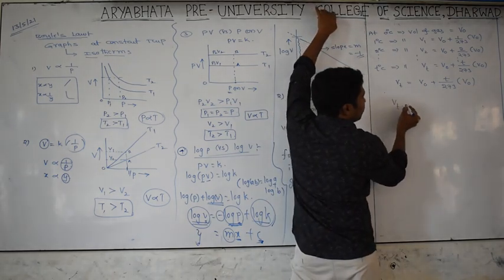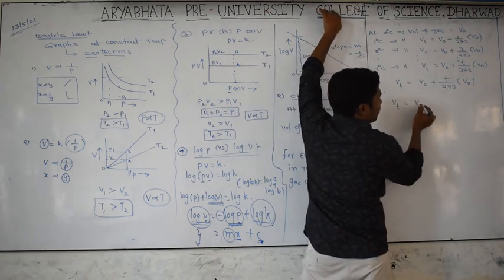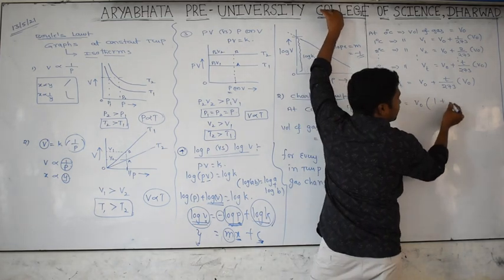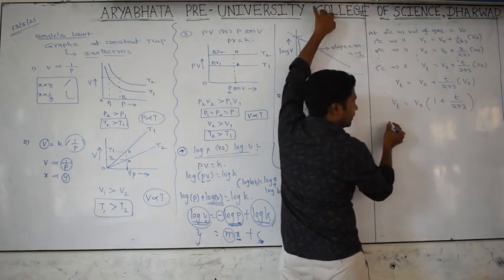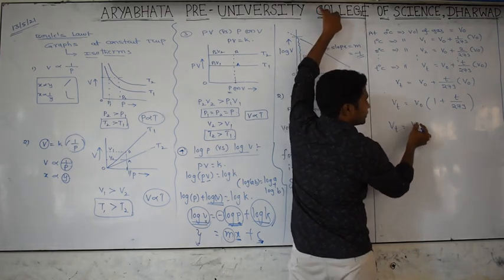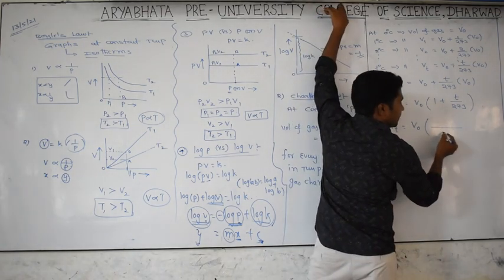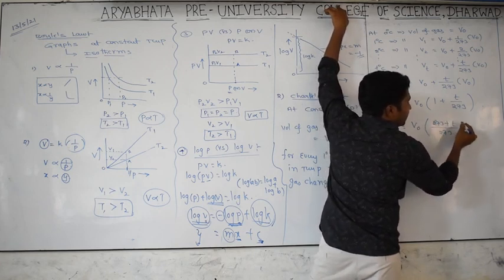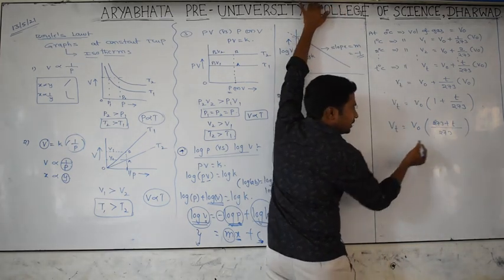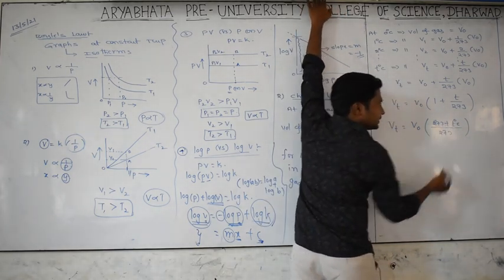Simplify this. The volume of a gas at temperature t equals V0, a common factor, times 1 plus t/273. We can simplify: taking the LCM as 273, we get 273 plus t. You know very well that t means t degrees Celsius.